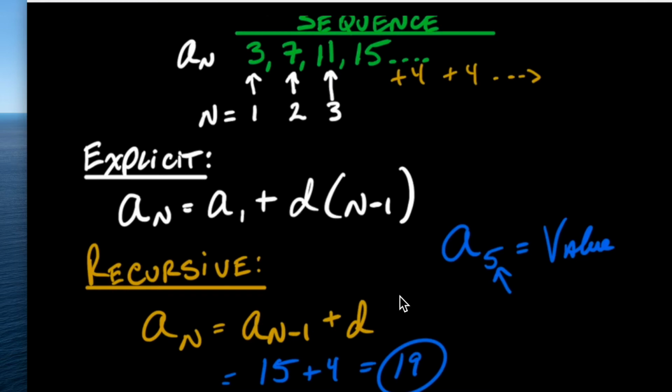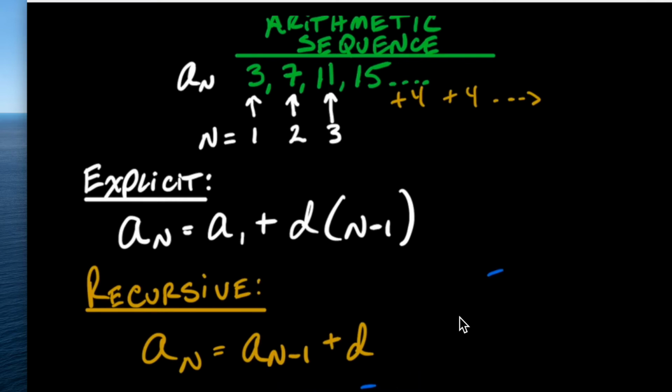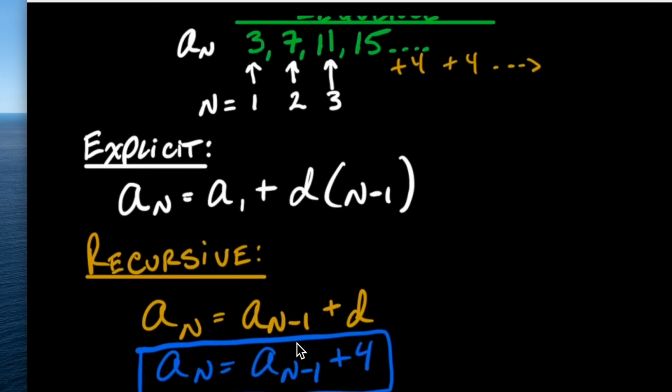So here, our recursive formula would be, if we're looking at this set of numbers, we would say, well, to get a sub n, you go to the a sub n minus 1 value, and you add 4. So this is the recursive formula for our sequence. And again, typically that's how you'll be asked to use the recursive formula.